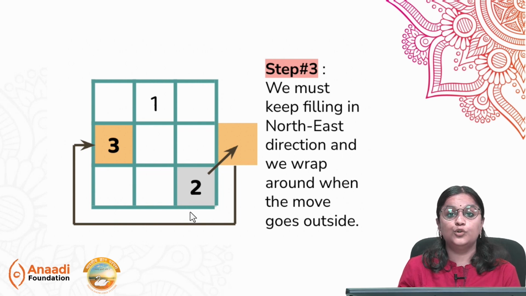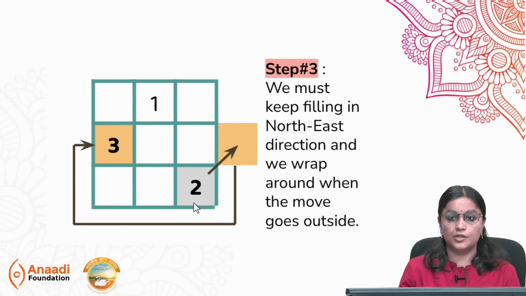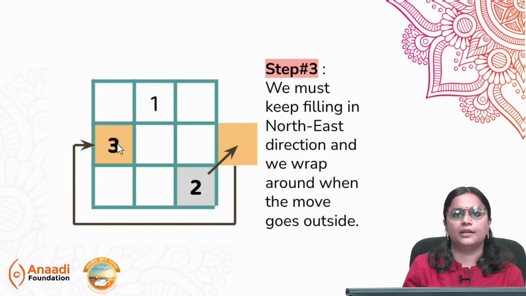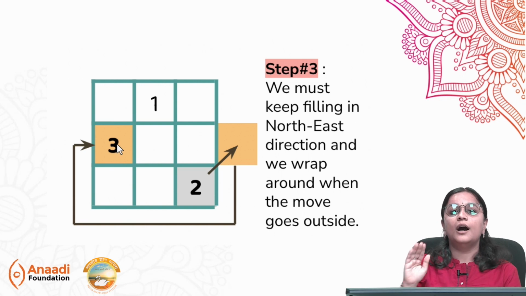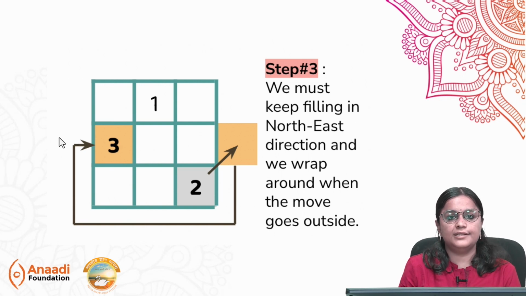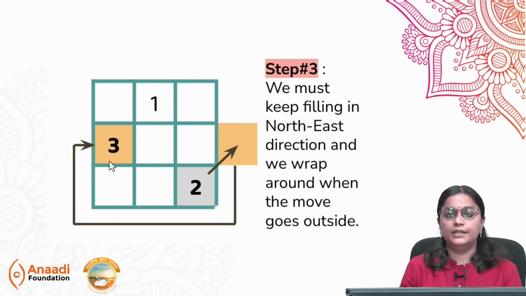Now from 2 is our new position. We must keep filling in the northeast direction since that is what we had initially picked, right? Moving northeast from 2 again, it falls outside the remit of our grid, and so we will wrap it around. Once we wrap it, it goes to the other direction, and here you can see that 3 is placed on the left hand side.